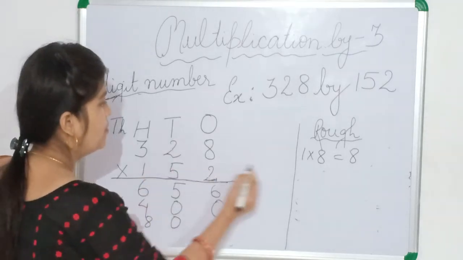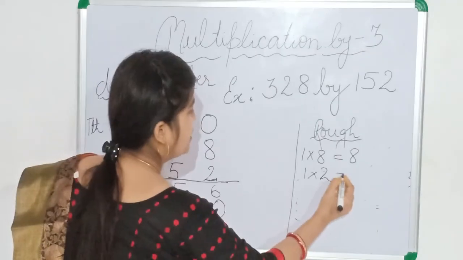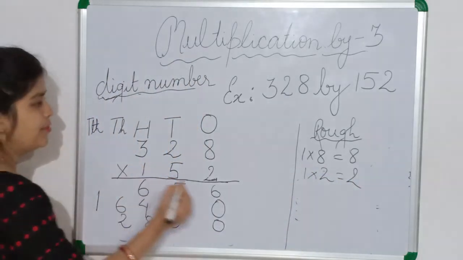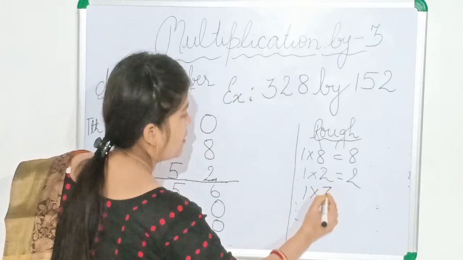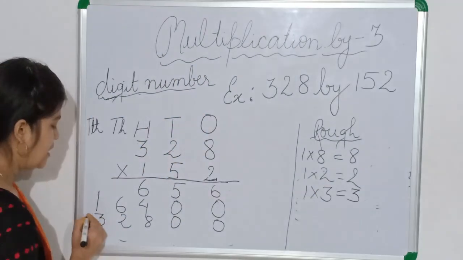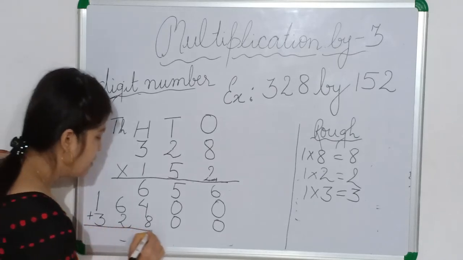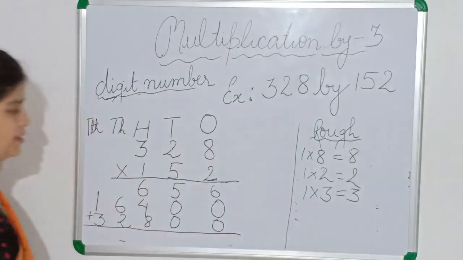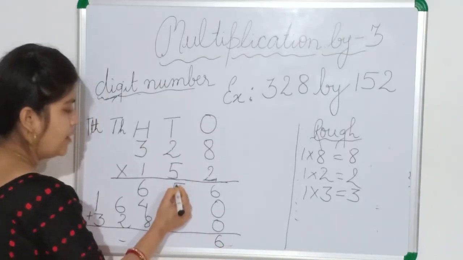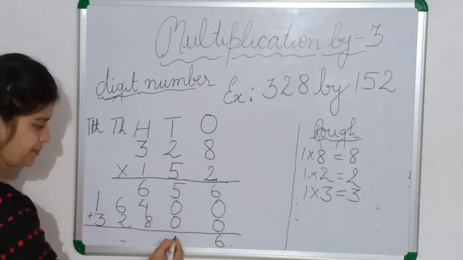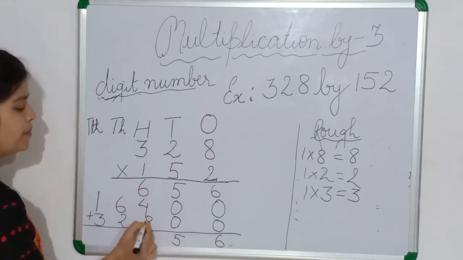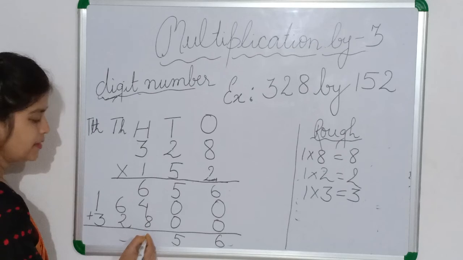Then 1 into 2, that is 2. And then 1 into 3, that will be 3. Now I will add all these numbers together. 6 plus 0 plus 0 will be 6 only. 5 plus 0 plus 0 will be 5 only. 6 plus 4 plus 8 will be 18.